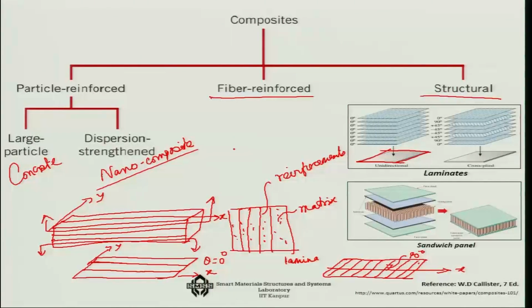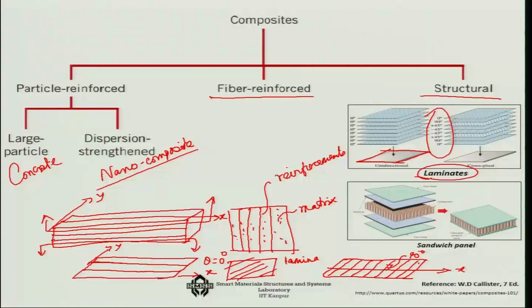I can thus have 0 degree, 90 degree or anything in between, 30 degree plies or 45-degree plies, etc. I can have various types of such plies, and that's what I have shown here in terms of the ply angles. And all these plies, you stack them together and you get something from the lamina, which we will call the laminate. That's what a structural composite is.